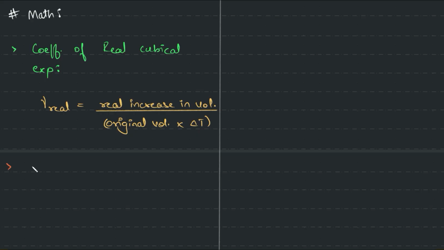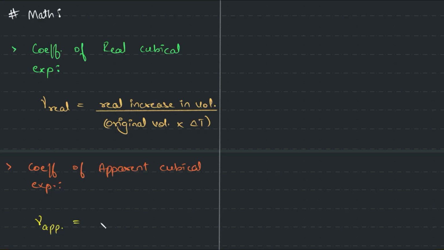Okay. Similarly, we write next the coefficient of apparent cubical expansion. Again guys, these are all just names, the idea is the same. I write it as APP, short form for apparent.